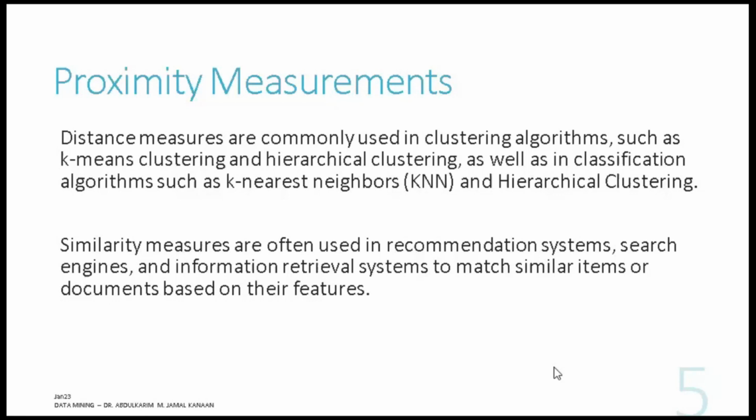Similarity measures are often used in recommendation systems. This is why I'm telling you, if you like to apply some sort of recommendation inside your system, let's say you are building an event management system.